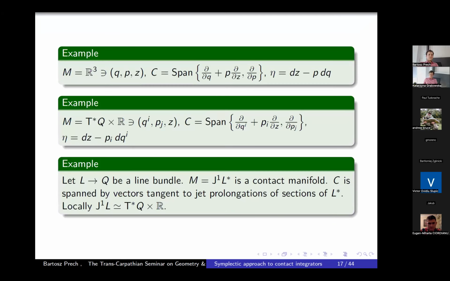Okay, and a few examples. The simplest one would be in R3 with three coordinates, and this contact distribution would be spanned by the dq plus p dz and the dp.